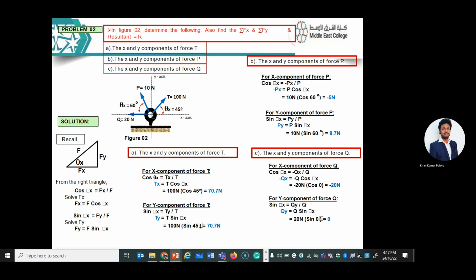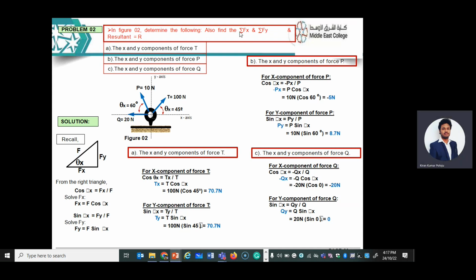Now, if you see this figure, it's asking to determine sigma Fx and sigma Fy and the resultant. Sigma Fx means the sum of forces in the x direction. Sigma Fy means the sum of forces in the y direction. Fx means in the x direction. F means force.